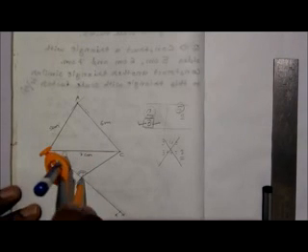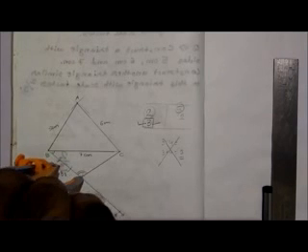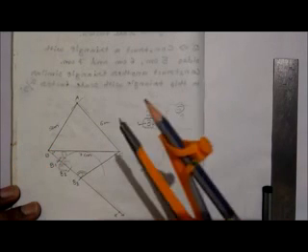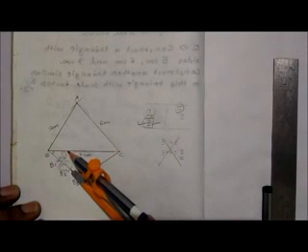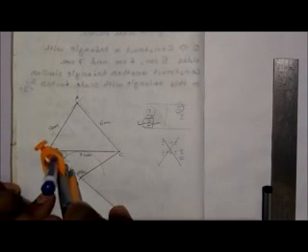of this from B2. By taking some radius, give an arc by taking center B3. With the same radius, give one more arc, but this time take the center B2.